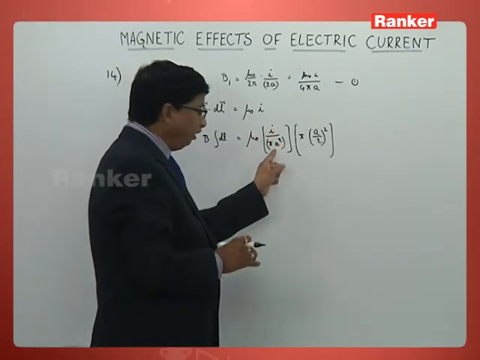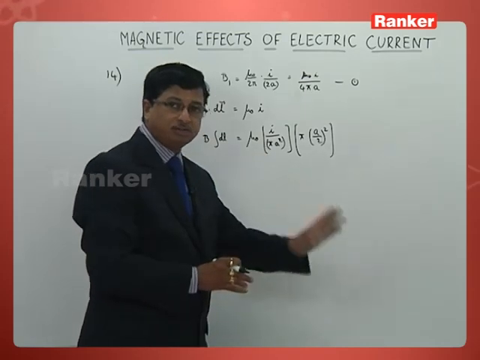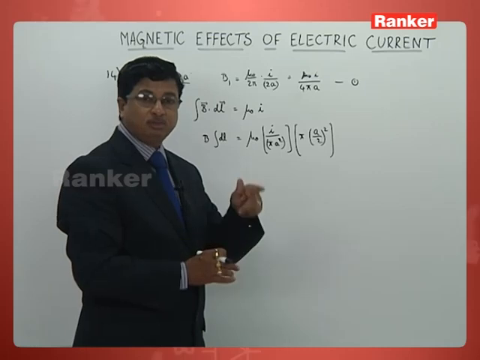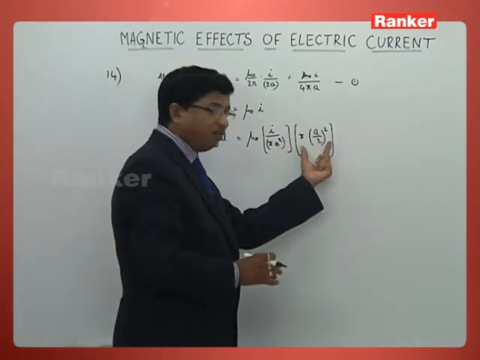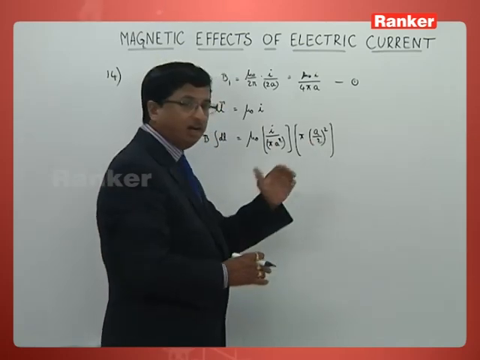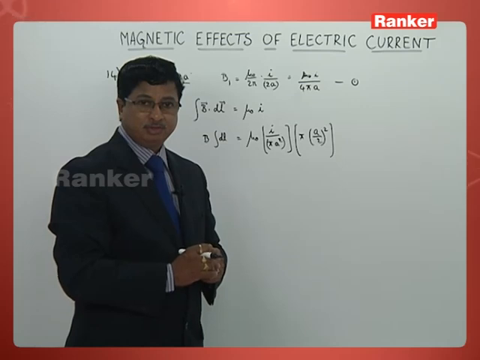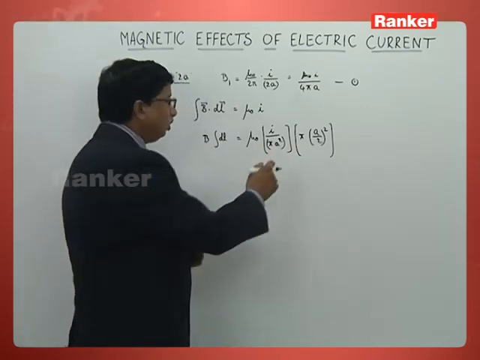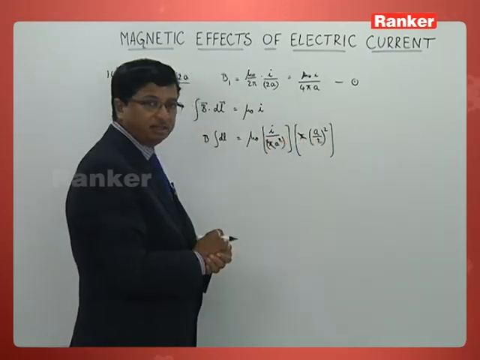I by area of cross section is the current per unit area. Now the present area is pi into a by 2 whole square, so for this much area, how much current is passing across? Out of that, of course, pi I can cancel. I can simplify that later.